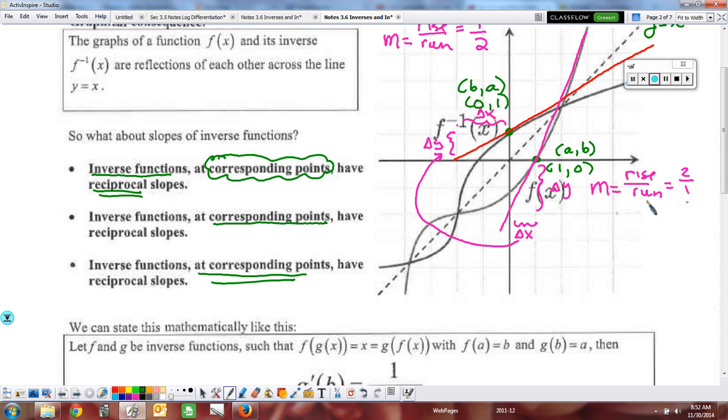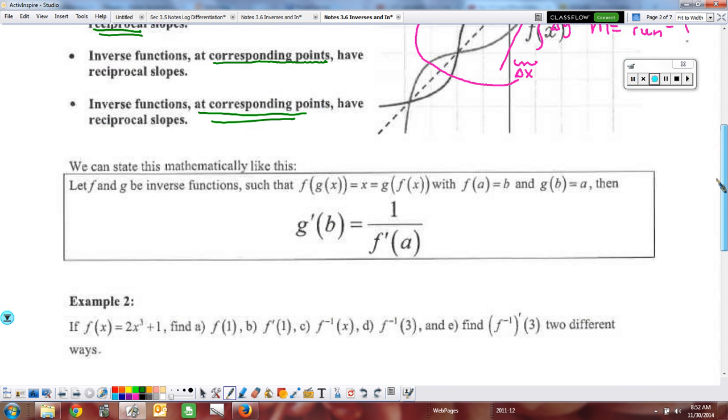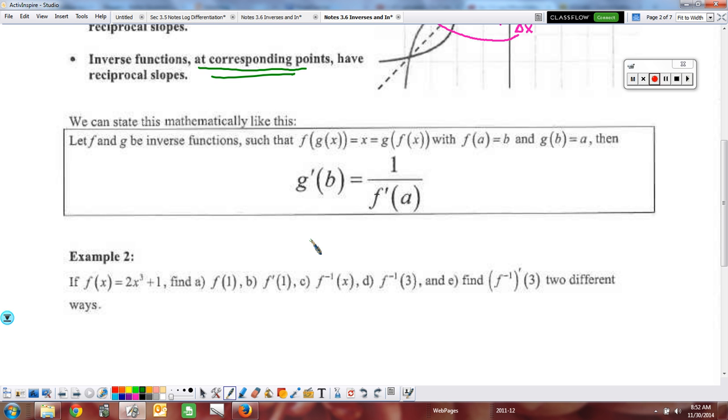So mathematically, let's look at how we write this formula, and this is basically a formula. You're going to see this question in multiple choice and possibly one part of a free response. When doing inverse functions in general, you pretty much just need to memorize this. Say f and g are inverse functions. We know that f of g of x and g of f of x equal x. We know that f of a equals b and g of b equals a, so we have corresponding points.